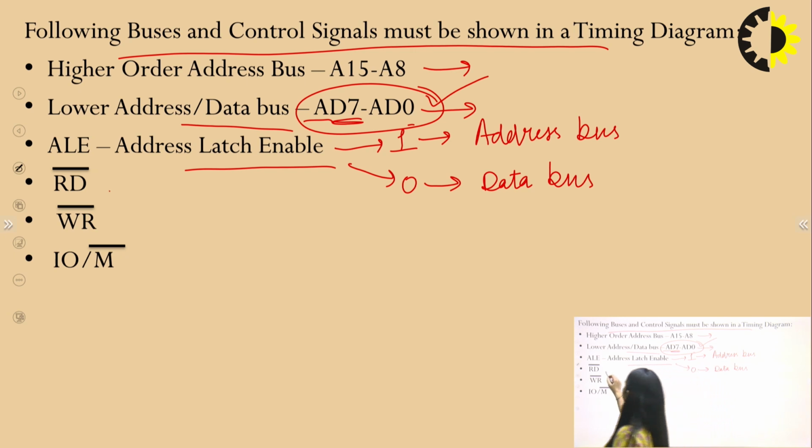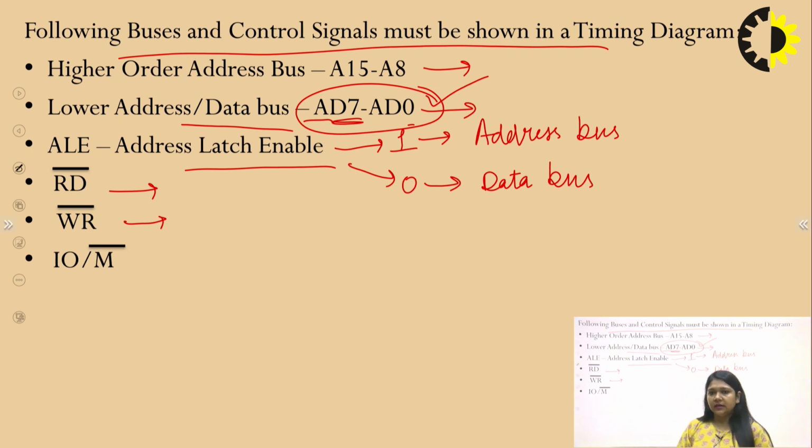Next is our read signal. The read signal is an active low signal, that is why a bar is there. The write signal is also an active low signal, and here it is IO/M bar, which stands for input output and memory.